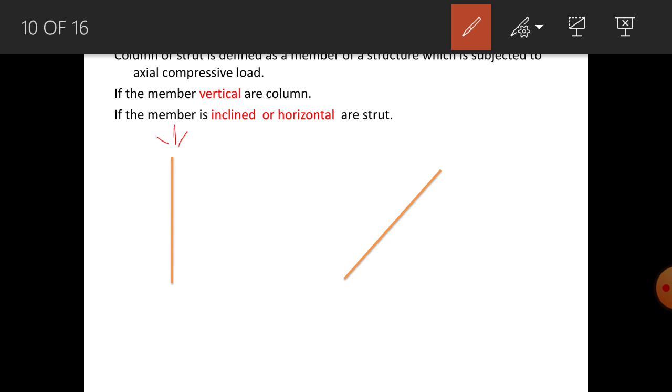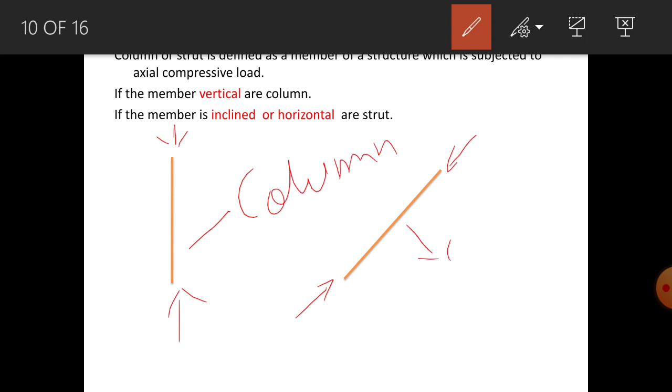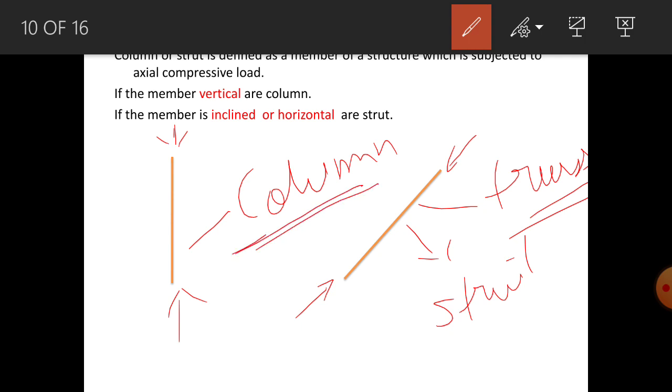The load will be applied here in the same compressive way. This is a column, and this is a strut. Struts are seen in trusses. Columns you will see in residential RCC frame structures.